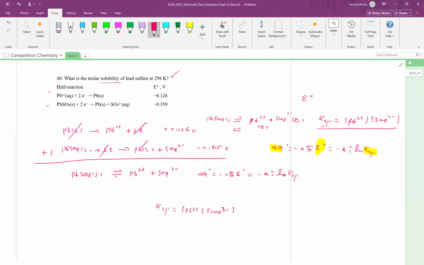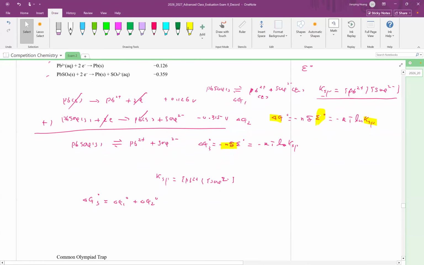So if delta G1, delta G2, delta G3, delta G3 equals delta G1 standard plus delta G2. Did you see? Now use this equation. Then you calculate. Okay, now I'm not going to do that because we have to finish by 8:30. Yeah, we need to finish by 8:30. Now you can find the Ksp. When you calculate, your Ksp should equal 1.34 times 10 to the minus 8.